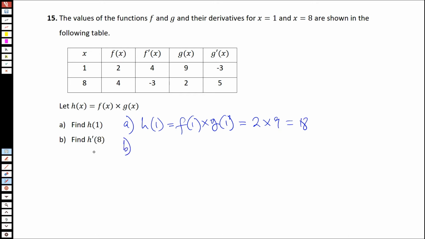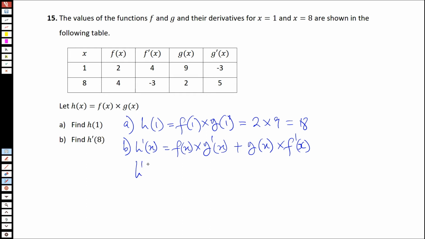Now for part B, they want us to find the gradient of h at 8. Now h is a product of two functions, so to find the gradient of h, we have to apply product rule, and that will be f of x multiplied by derivative of g plus g of x multiplied by derivative of f.